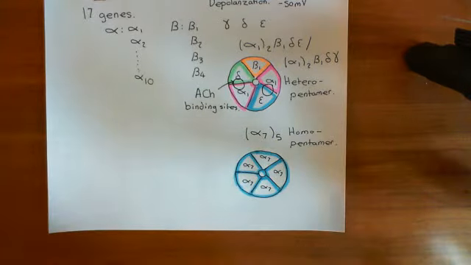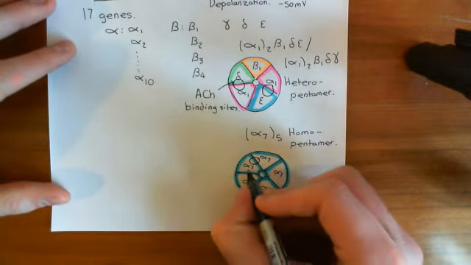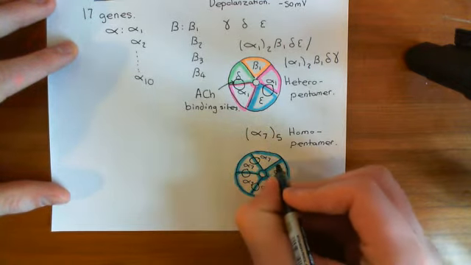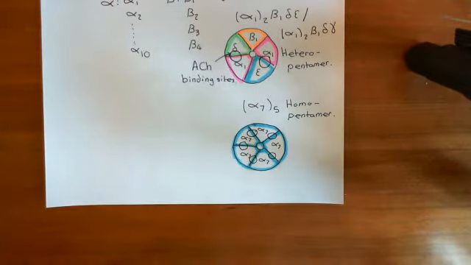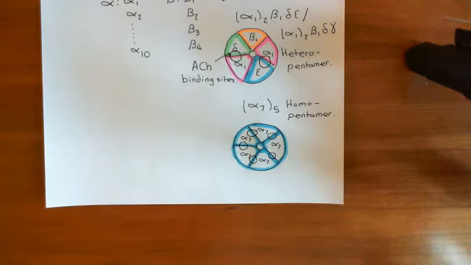It's got to have 5 acetylcholine binding sites. So 1, 2, 3, 4, 5. 1 in between every single alpha 7 subunit, so 1 at every single intersection between 2 alpha 7 subunits.